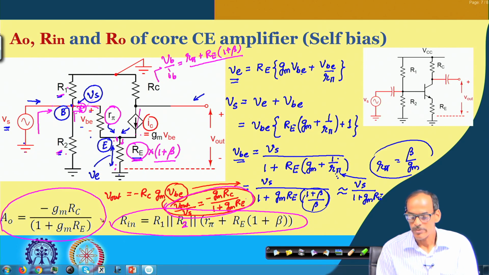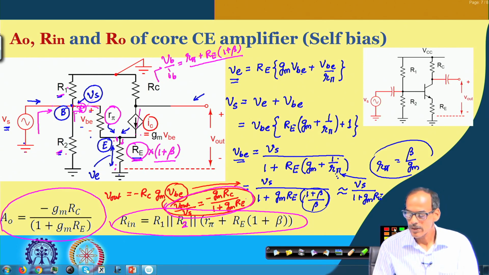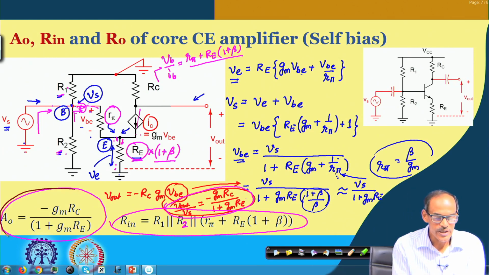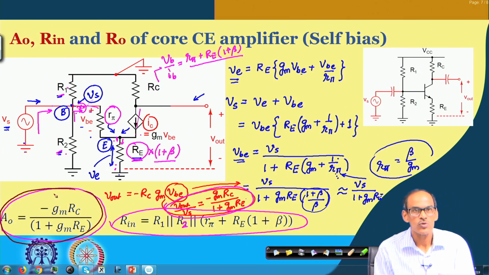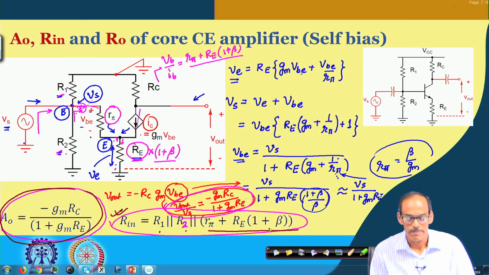So, to summarize what we are obtaining here, this circuit has a voltage gain of G m into R c divided by 1 plus G m into R e, and an input resistance of R 1 parallel R 2 and then R pi plus R e into 1 plus beta.